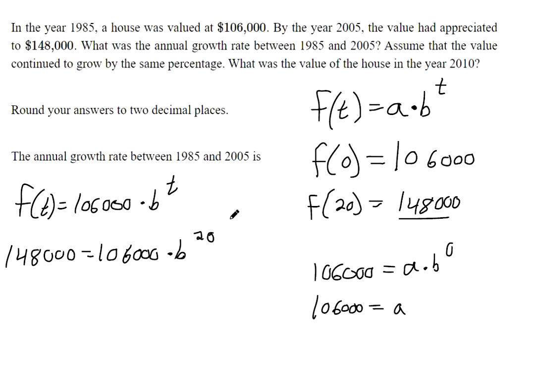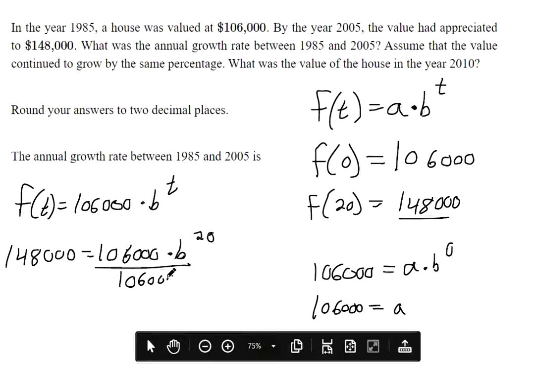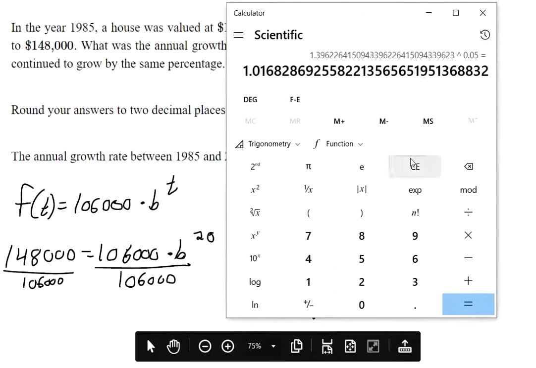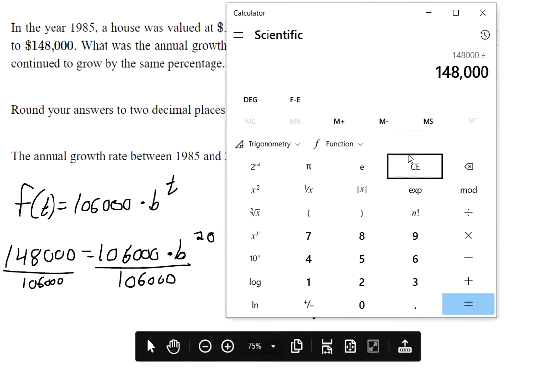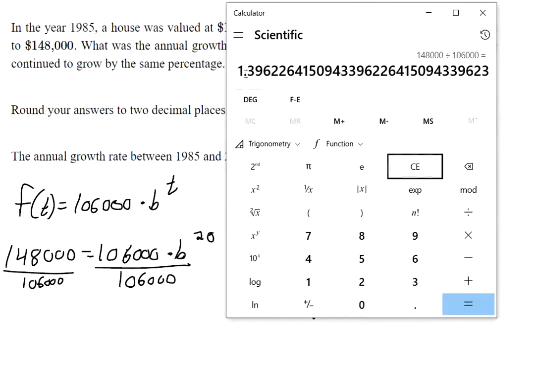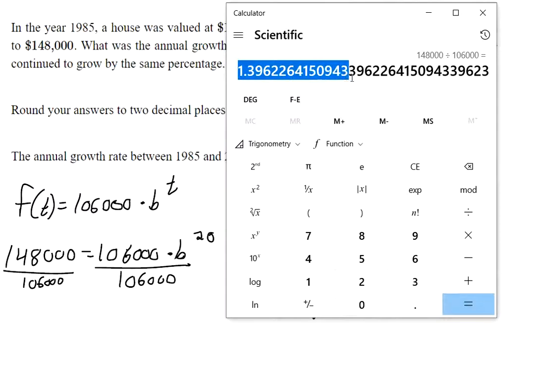To get b by itself, we'll divide both sides by 106,000. That gives us 1.39 and a whole bunch of decimals. Let's just cut it off here.